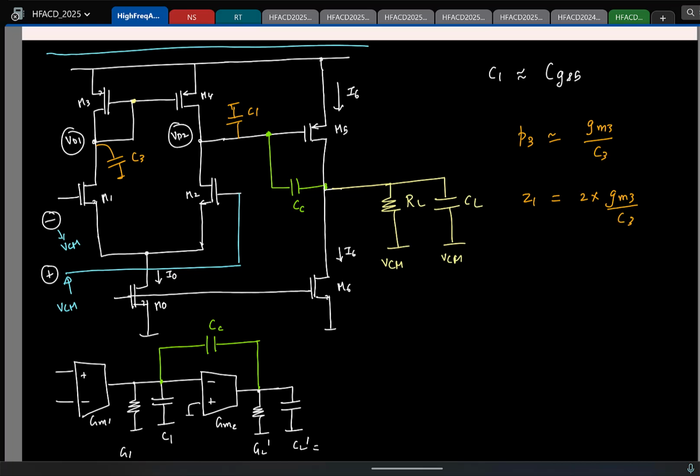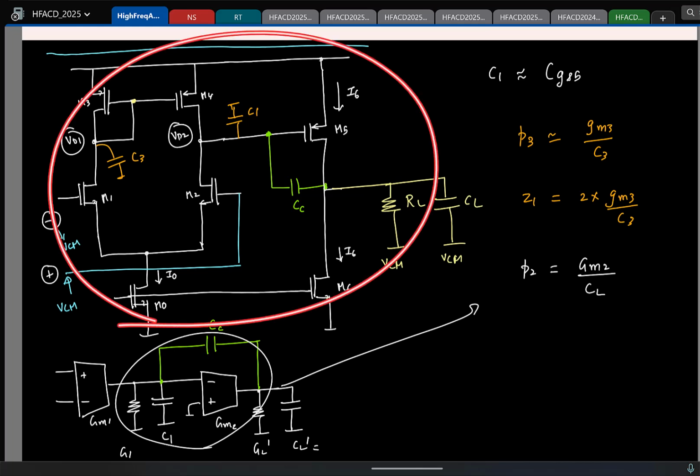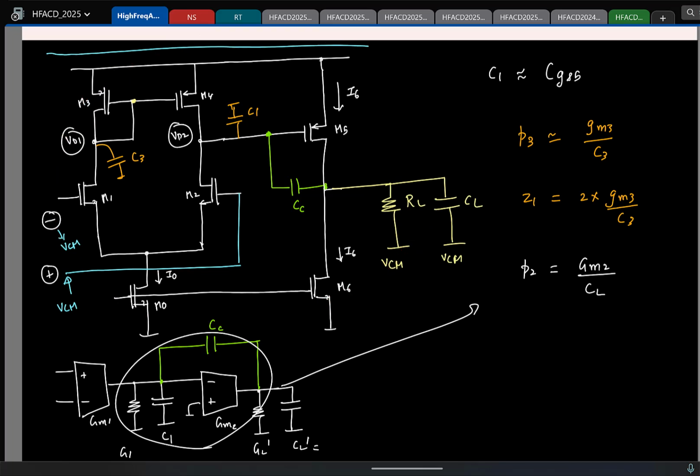But the idea is, if you look at the second pole here, that is going to be GM2 by CL. That is from here, right? GM2 by CL. And which transistor contributes to GM2 here? Yeah, GM5, fine.